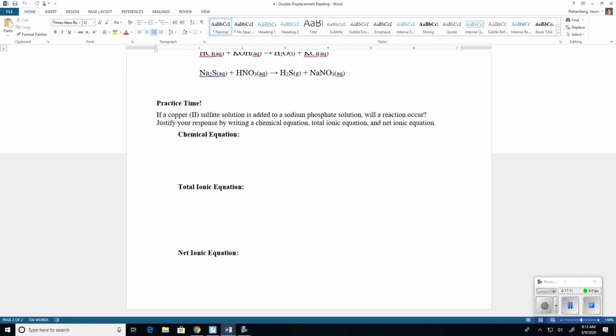And then can we identify the net ionic, the change that actually occurs? So in this particular problem it says, copper 2 sulfate solution is added to sodium sulfate solution. All right, so my formula for copper 2 sulfate is CuSO4. Sodium phosphate is Na3PO4.